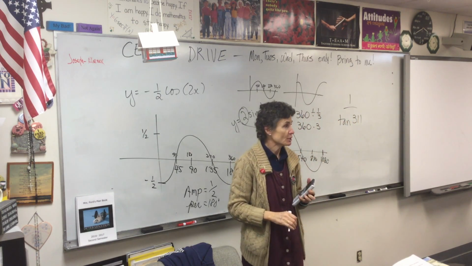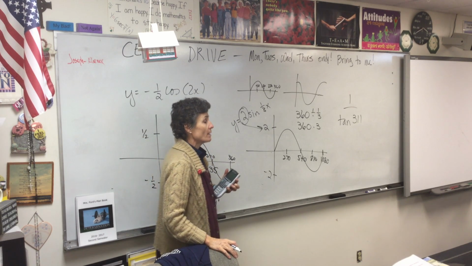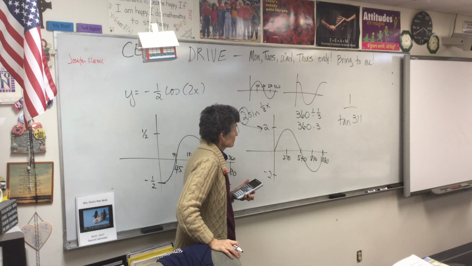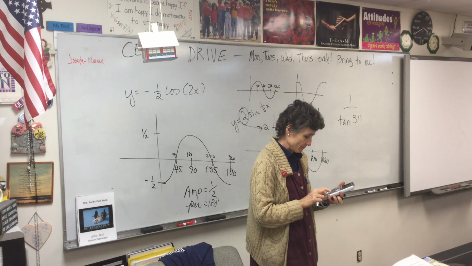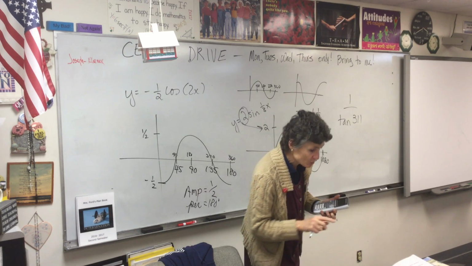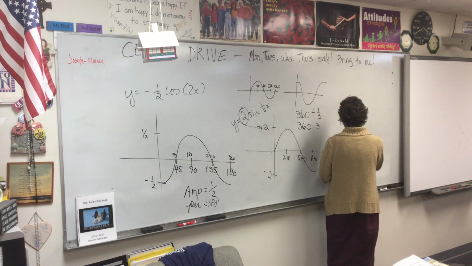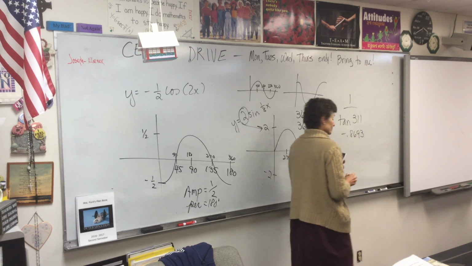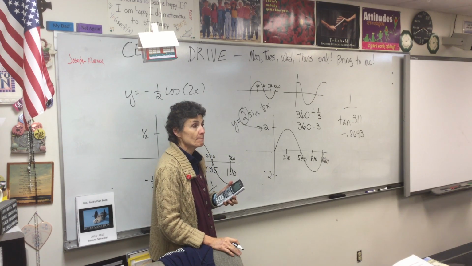The cotangent is 1 divided by tangent. So 1 divided by tangent 311 would be what? Now, pay attention, the directions tell you 10,000. That's going to be negative 0.8693. Got it?